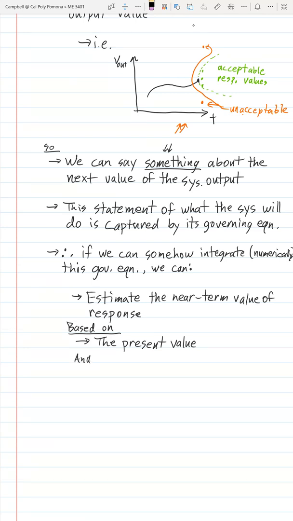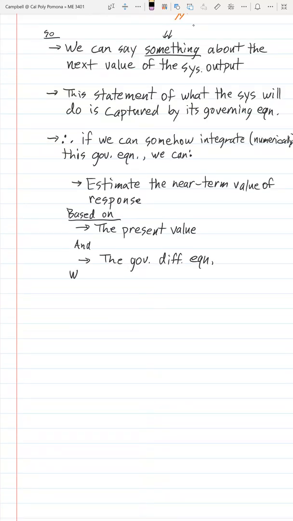And again, the governing differential equation, and we can do that without actually knowing the function, and there may not even be a function, knowing the function that captures the system response.